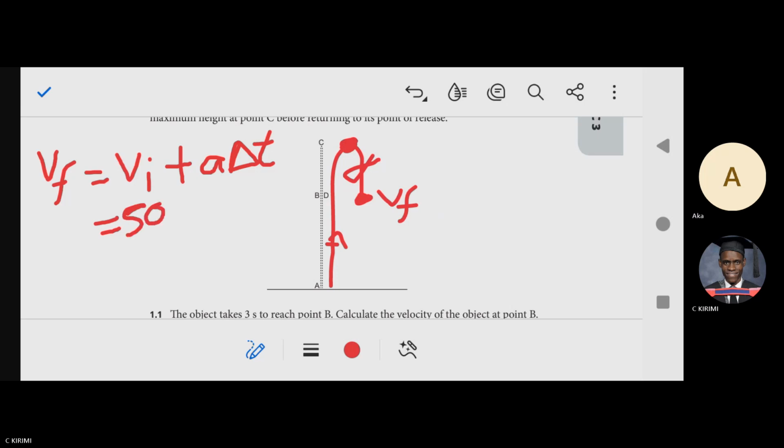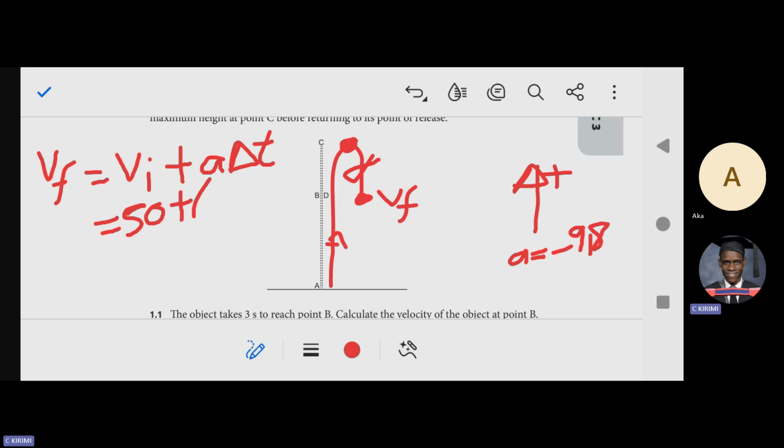Then what is your acceleration? I took upwards as positive. Upwards is positive, that's good. Which means your A is what? It's negative 9.8. So A will be equal to negative 9.8.